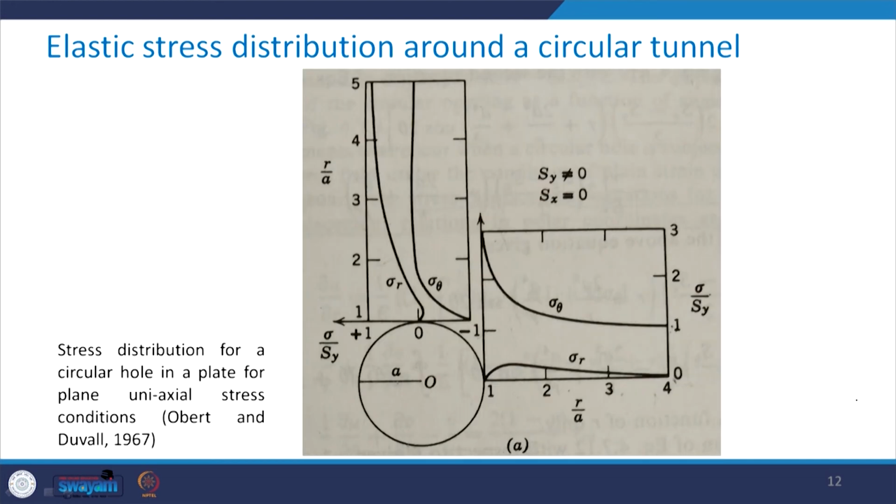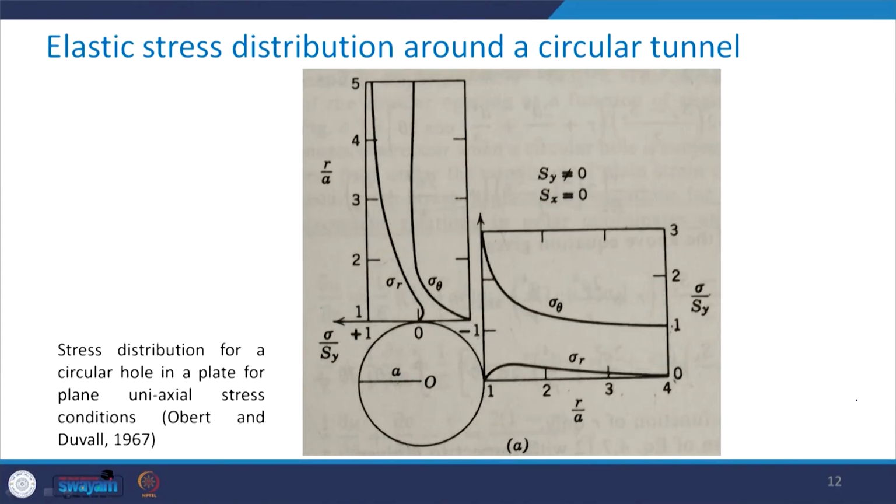Now, here whatever are the expressions that we obtained in the form of equation number 12, that is the expression for sigma r, sigma theta and tau r theta, the variation of those stresses has been shown here in this figure.